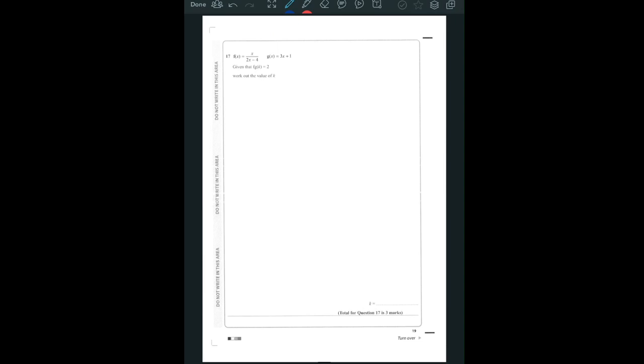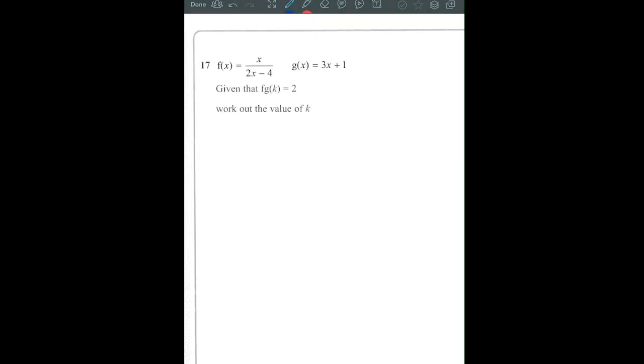Question 17. Looks like functions. We have an f of x and a g of x, and we've been given that the composite fg equals 2. Well, the composite function, let's deal with that first. The composite fg really means sub g into f.